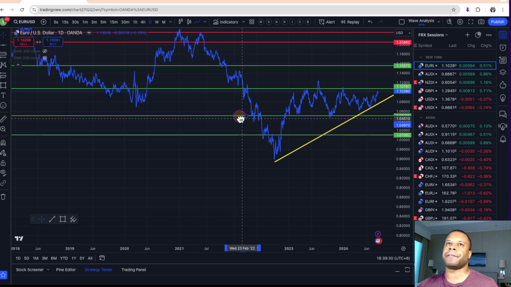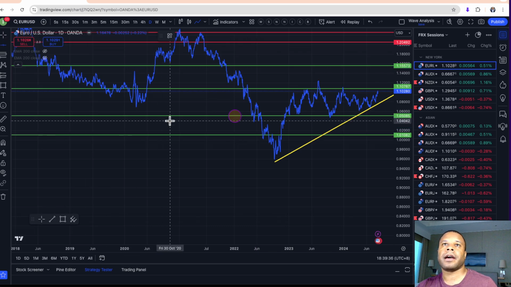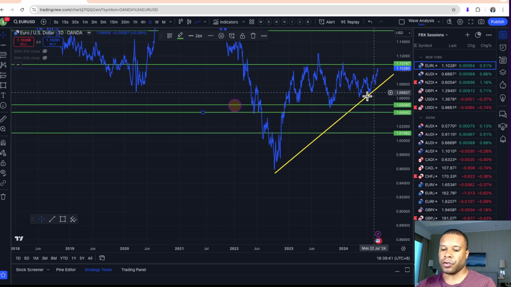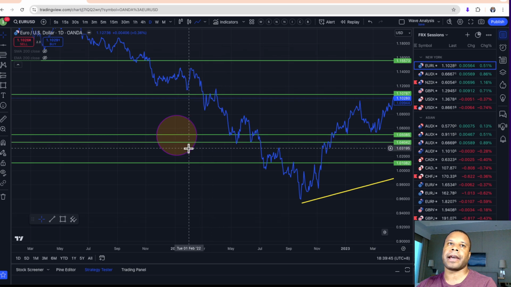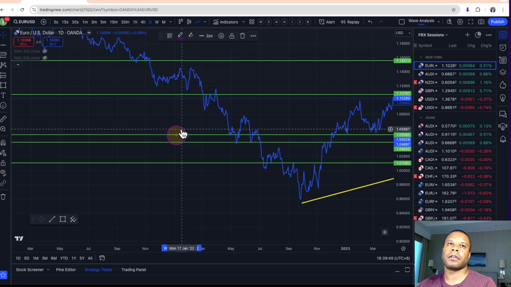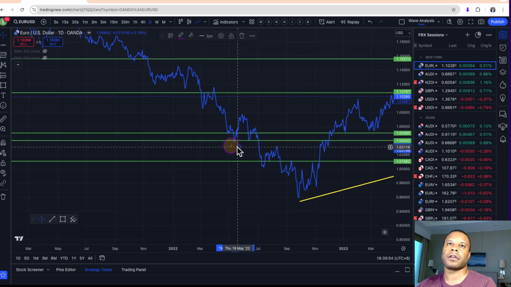But look at this. It became a floor to ceiling here, but there was a little dip. And look, it touched right there. Boom. And when we zoom in, we can see that it became a floor here, and then it became a ceiling.